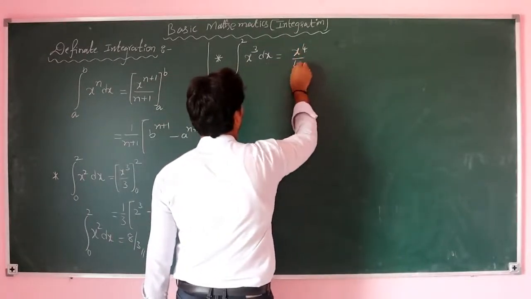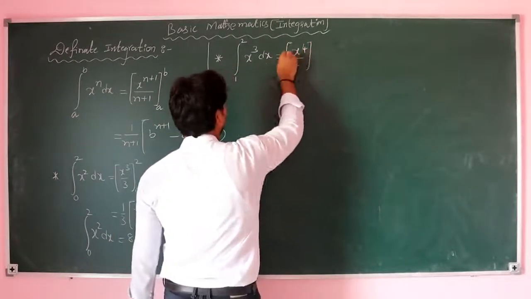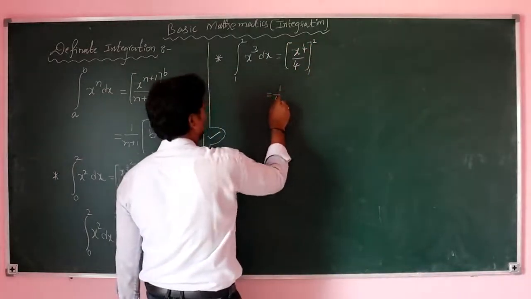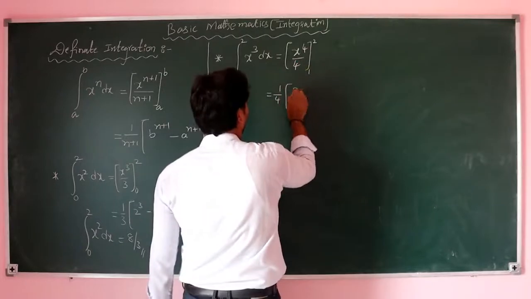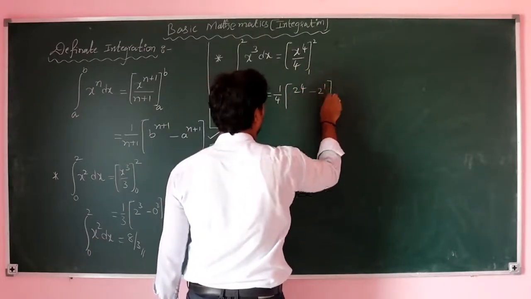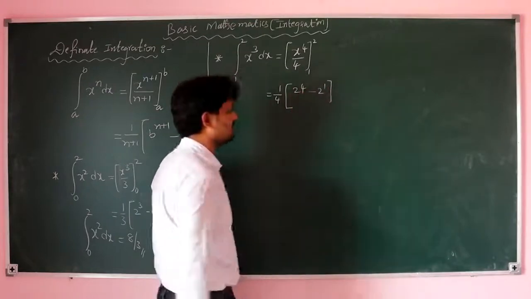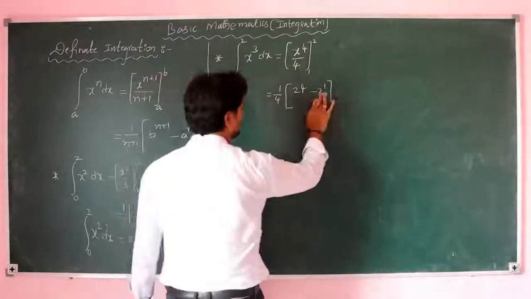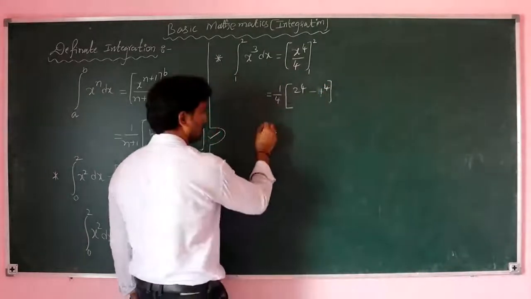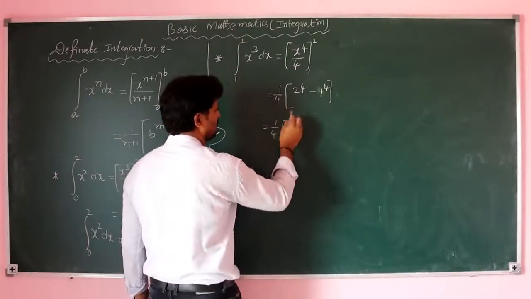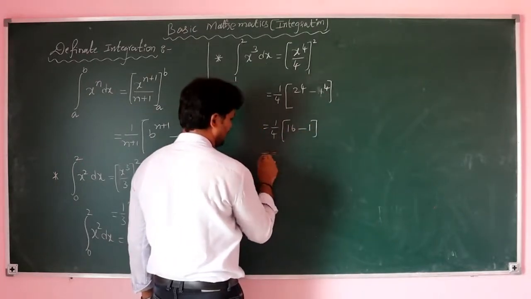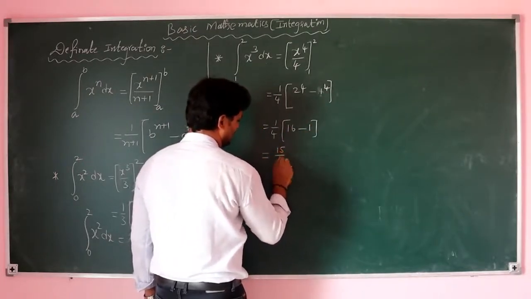X power 4 upon 4. Limits 1 to 2. So 1 by 4 you can write out of the limit, and then 2 power 4 minus 1 power 4. So then 1 by 4, 2 power 4 means 16 minus 1, 15. So that means 15 by 4.